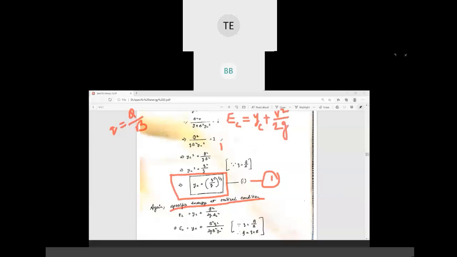Then EC will be YC plus, in place of V, since discharge equals area multiplied by velocity, we can write Q by A. Substituting for V, V square becomes Q square divided by twice G A square.